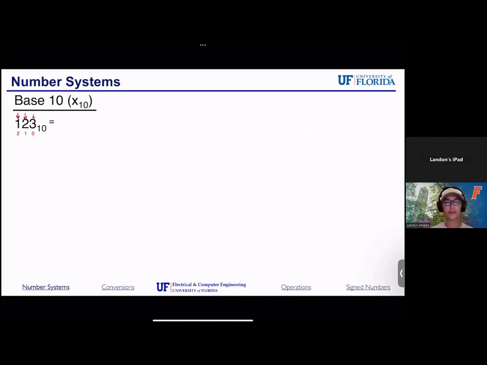So we're able to use the actual digit in the place as well as the place itself to create this expansion. If we look at it, the red numbers, 2, 1, and 0, all line up with these bottom three places. So we start with taking the 1 and multiplying it by 10 to the 2, since it's in the second place.